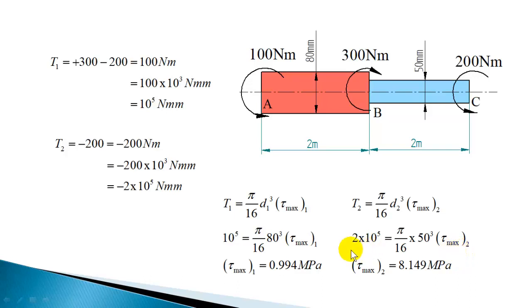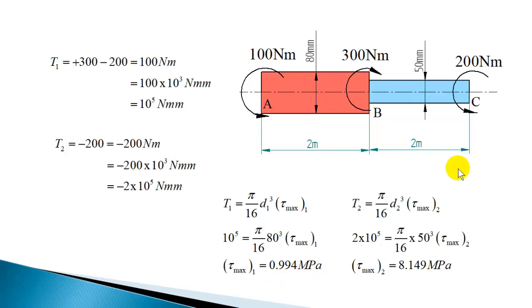The torque is 2 into 10 raised to 5 and the diameter for that section is 50. You will get the maximum shear stress in that section as 8.149 megapascal. So this is the maximum shear stress induced in the second section, whereas in the first section a very small shear stress is induced.